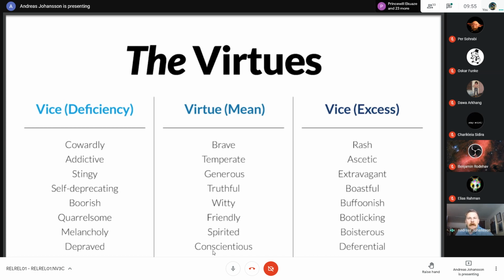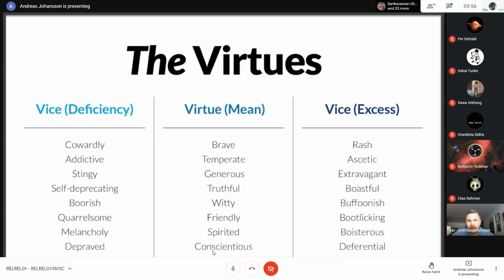Is brave standing up for someone, or is brave riding out into battle with a sword? I don't know, but you get what I mean. What does brave then mean? It's very contextualized. Brave 100 years ago might be different to brave nowadays. Brave in Stockholm might be different to brave in Arvidsjaur, etc.